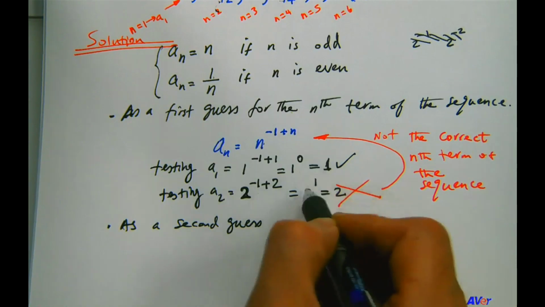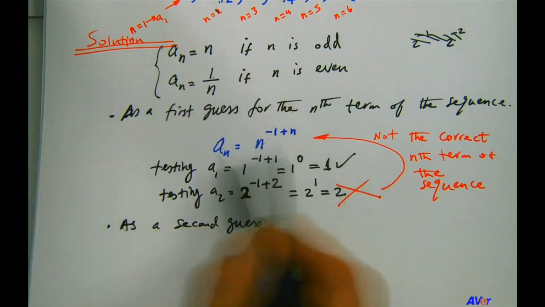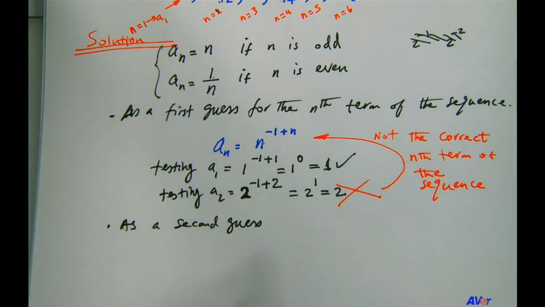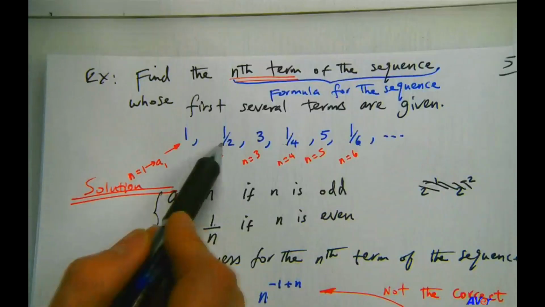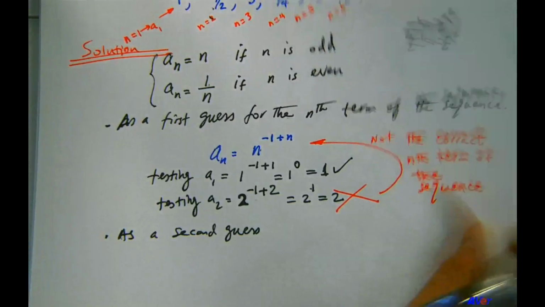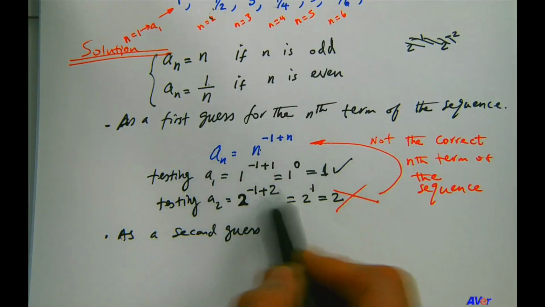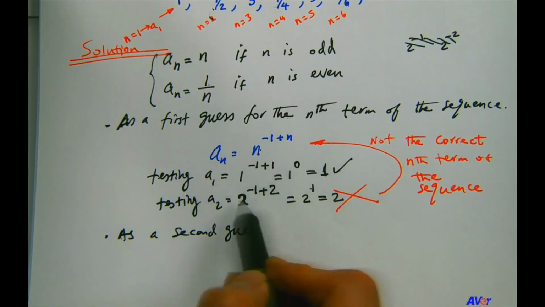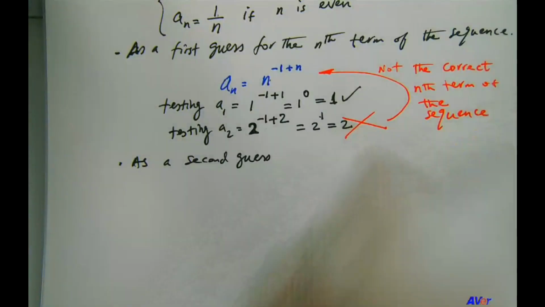So I can use that to think of another way of writing my nth term. If this was 2 to negative 1 power, I would have gotten 1/2, because 2 to negative 1 power is 1/2. So let's see how I can modify this first guess so that I end up with a negative power for 2 next time around. Let's see if this would work.